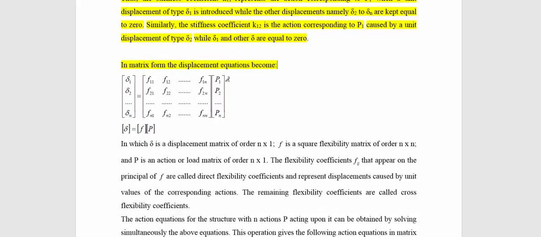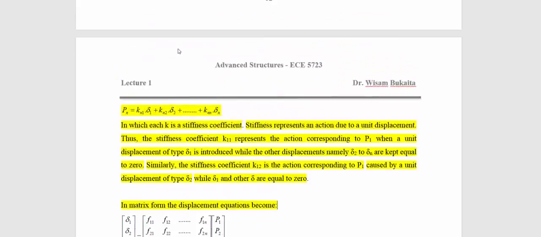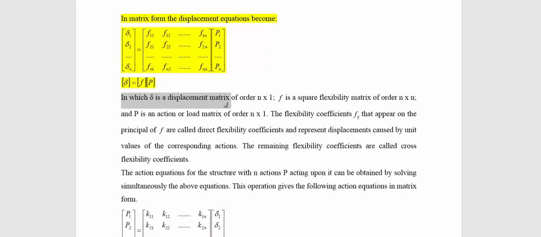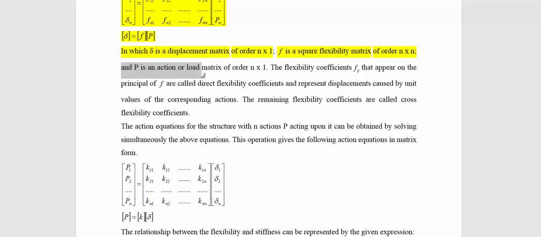In matrix form, we can convert these displacement equations into matrix form. Delta equals the flexibility matrix times the applied load. Delta equals F times P, in which delta is the displacement matrix of order n times 1, F is the square flexibility matrix of order n times n, and P is an action or load matrix of order n times 1.